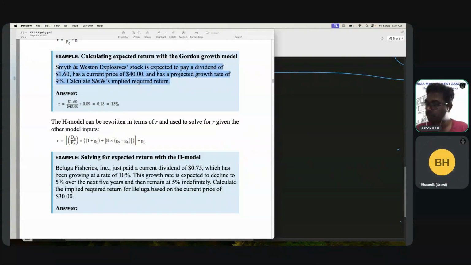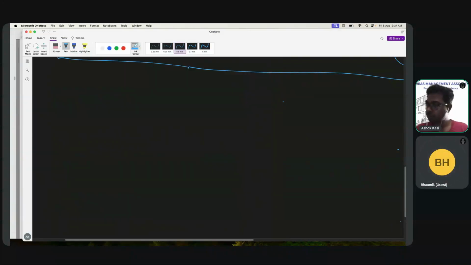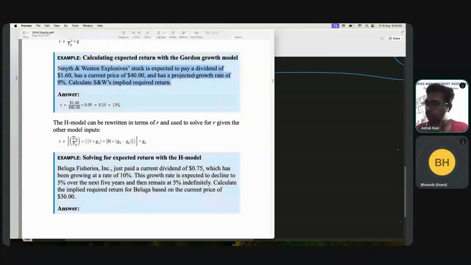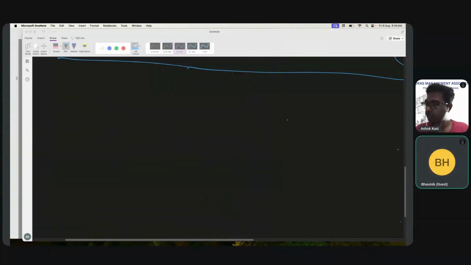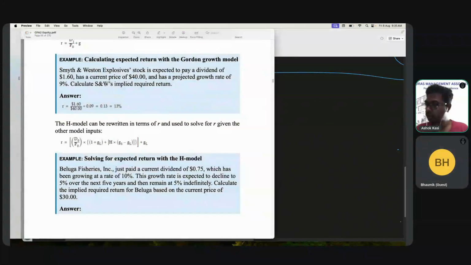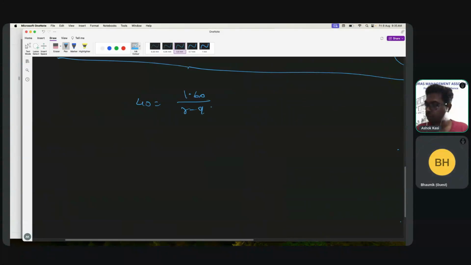Calculate the implied rate of return. Current price is 40, expected to pay 1.60, D1, over R minus G. Projected growth rate is 9%, so R minus 9%. Solve this.